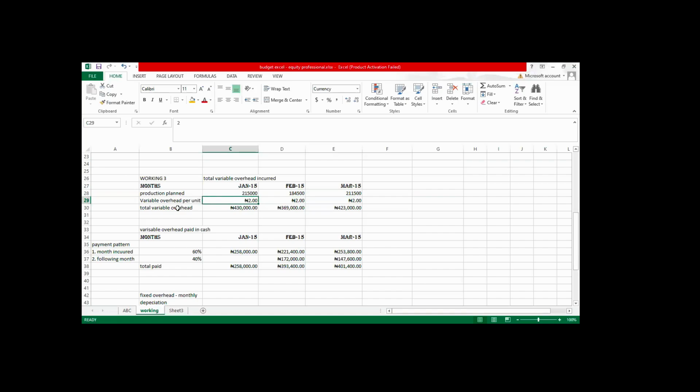That means total variable overhead in January, 215,000 multiplied by 2 naira. What do you have? 430,000. That is the total variable overhead cost incurred in January.